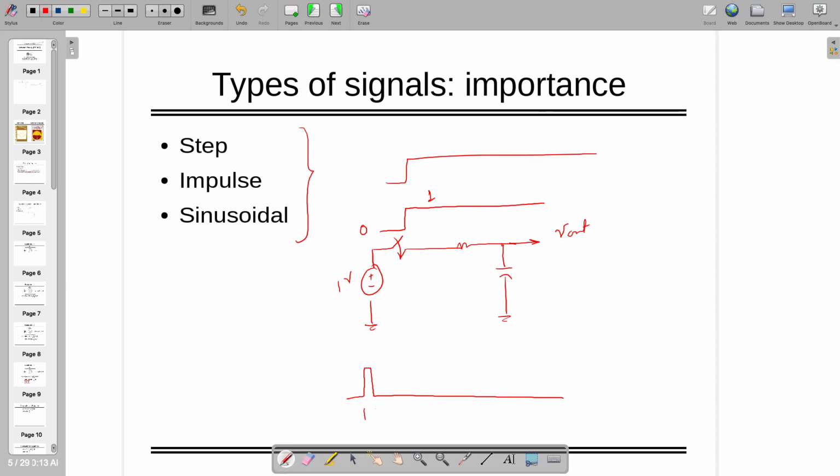So this time is very small. If it tends to 0, then we draw this one, right? So it's a delta of t, right? Then it becomes delta Dirac function, right? By the gentleman called Dirac. He gave this definition, right? Otherwise, this impulse is this one. This value may be anything. It may be some finite value, right? Okay.